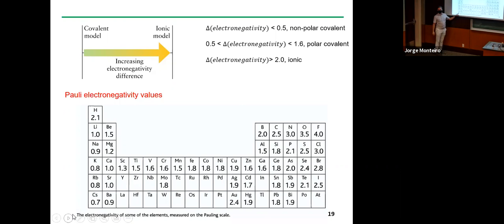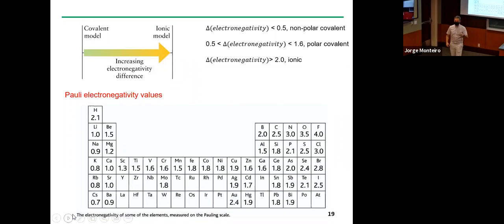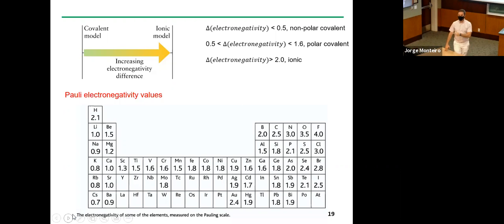Well, there was that scale with fluorine, oxygen, nitrogen, chlorine, bromine, iodine, sulfur, carbon, phosphorus, and hydrogen. Yes, so let me stop you right now. That range are the elements that will do covalent bonding.